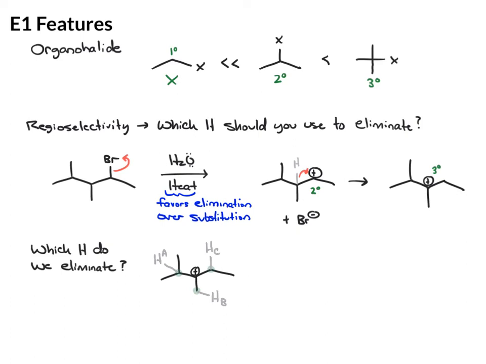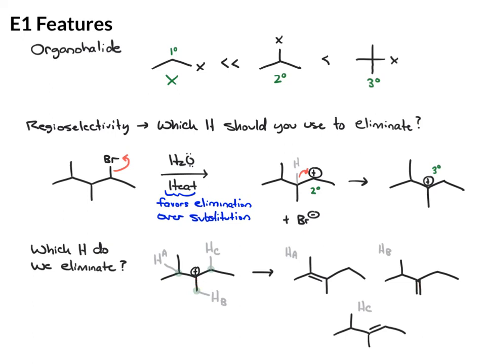Now, hopefully you can get to the point where you don't have to draw the products. You can just look at it and predict it. But for now, let's draw the elimination product from each hydrogen. Here's our three potential products. If you eliminate between HA and the carbocation, you get the double bond here. If you eliminate between HB and the carbocation, you get the double bond right here.